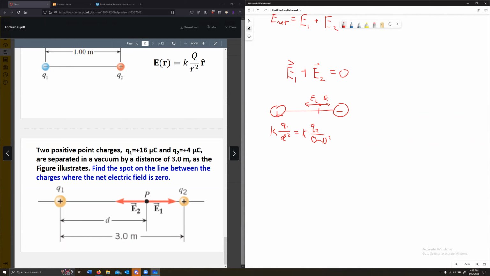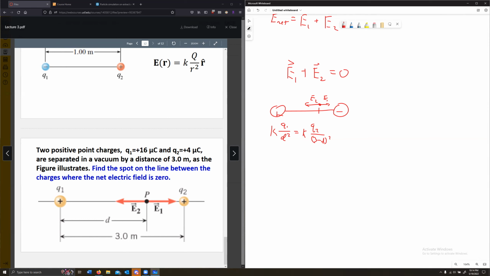Yeah. It's like K Q1 over D squared minus K Q2 over 3 over D squared is equal to 0. And then we're just moving one to the other side to make it equal to each other. Oh, yes. That's true. I didn't think about that.